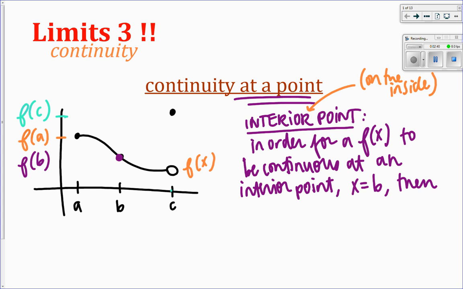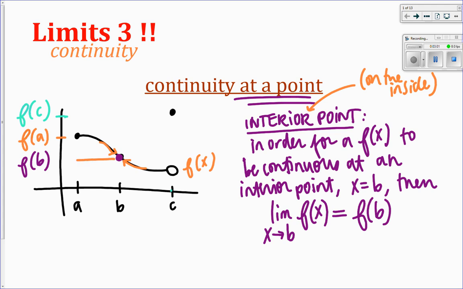Well, what does that mean, really? It means the limit as x approaches b of this function is equal to f of b itself. The limit, what my y is getting close to as my x gets close to b, is this y value right here. And there is actually a point there. It's specifically the same thing. Because the limit is equal to the point, it is known to be continuous.